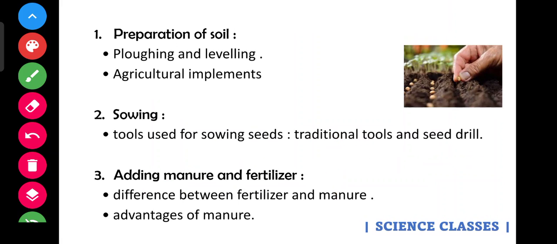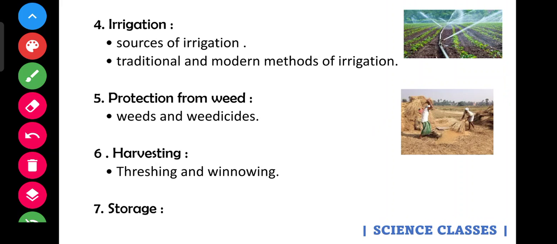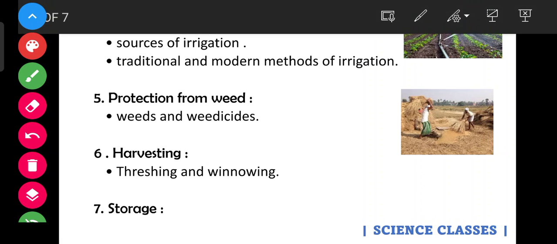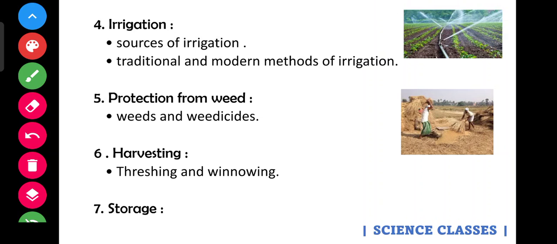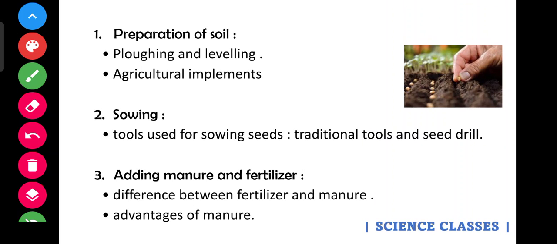Now, I'll be sharing a brief introduction today about all these seven agricultural practices. So let's move on to the first step, which is preparation of soil. The preparation of the soil is the first step before growing the crop. We must see whether the soil is well prepared, whether the soil is loosened or not.